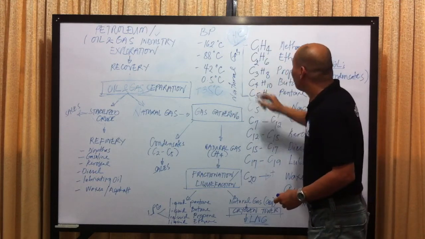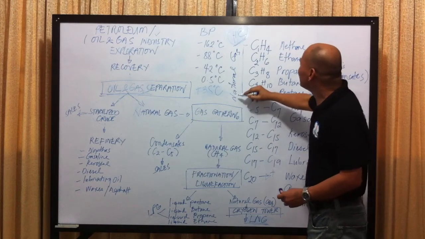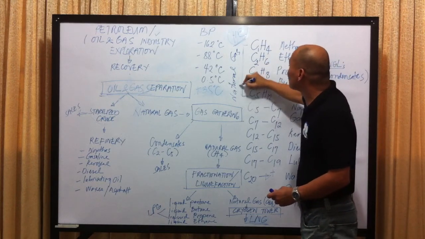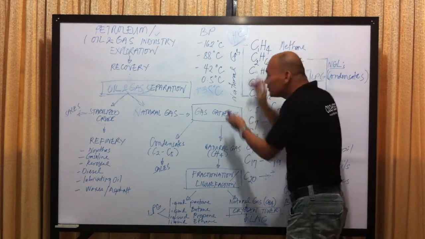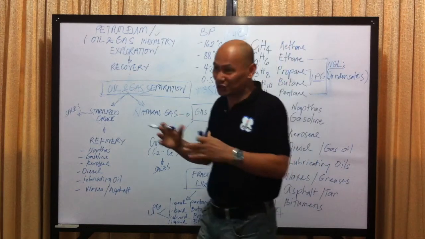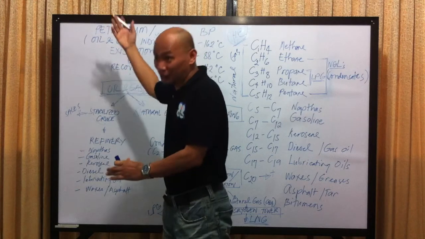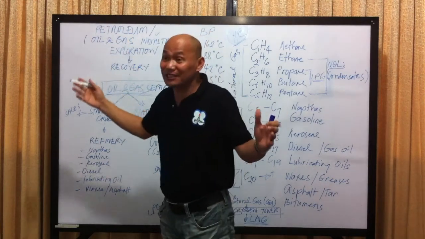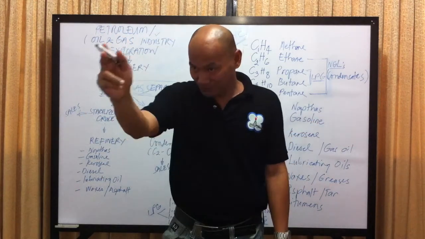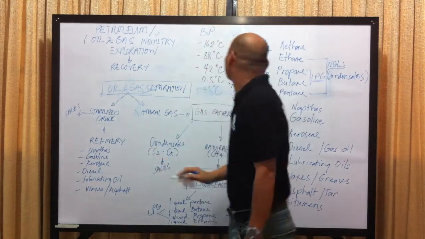C1 to C5 are the natural components of natural gas. We know that natural gas is associated with petroleum. It goes along with the oil. That's why natural gas is also known as associated gas.